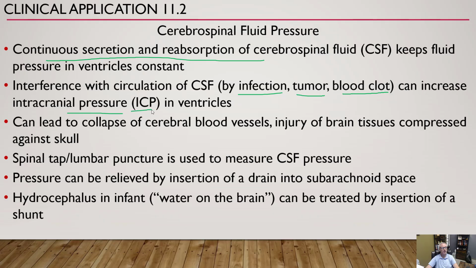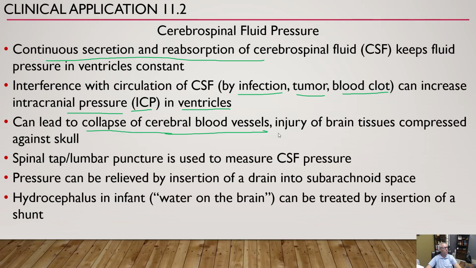We abbreviate that as ICP. Anything can increase your intracranial pressure in your brain or in the ventricles of your brain. And that can lead to a collapse of your blood vessels in your brain, which could lead to a stroke, an ischemic stroke, because you don't have blood flow past those blood vessels.